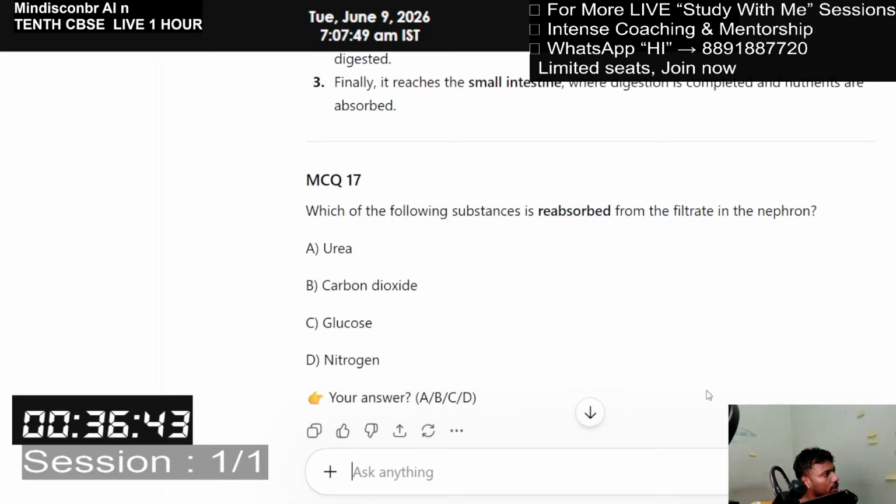Which of the following substances is reabsorbed from the filtrate in the nephron? Urea, carbon dioxide, glucose, nitrogen. Reabsorbed: glucose.